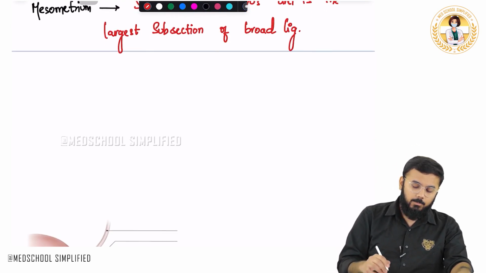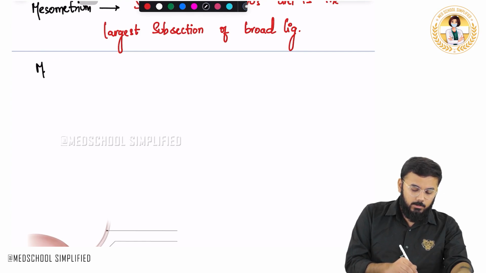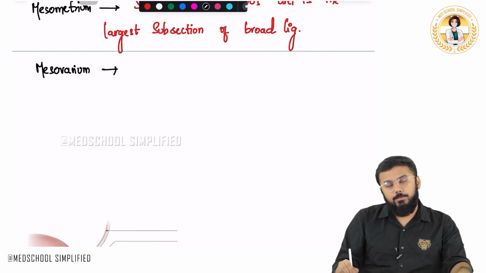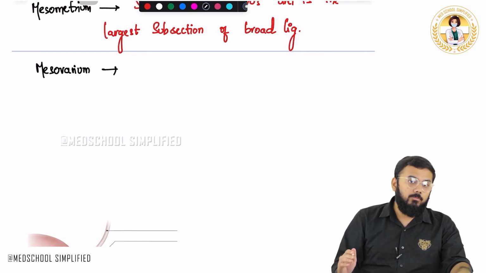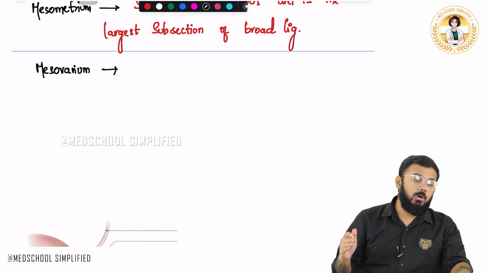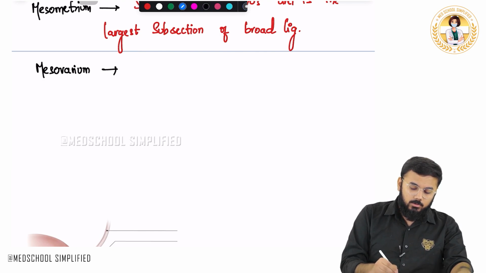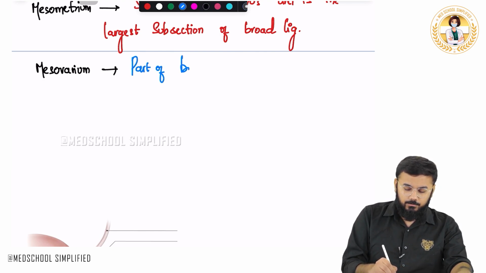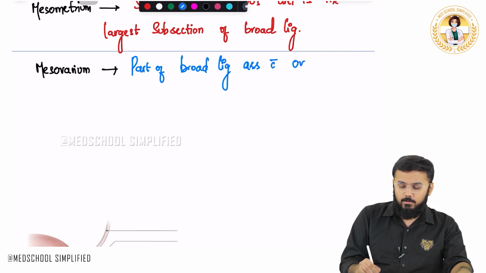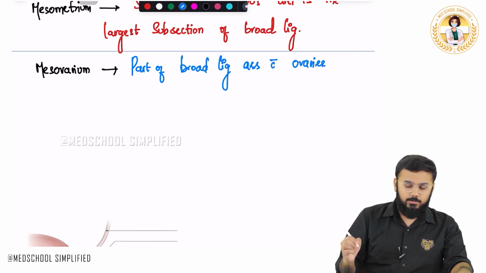Okay, next important thing we have to discuss is the mesoovarium. What is this particular mesoovarium? The mesoovarium is a part of the broad ligament that is associated with the ovaries.